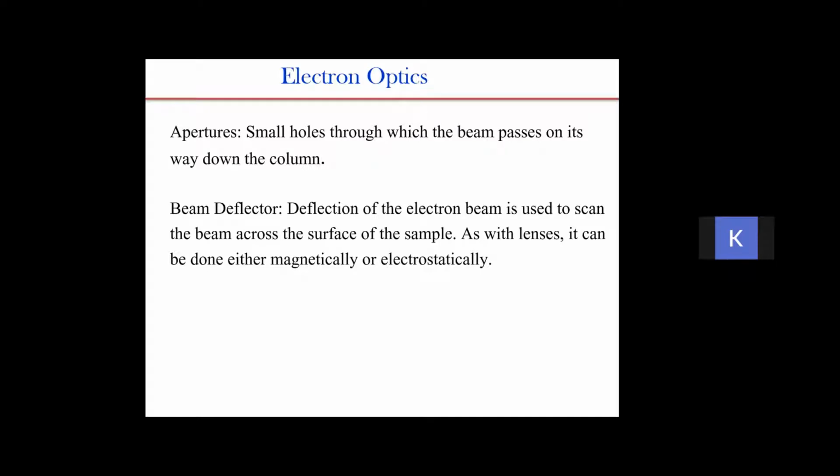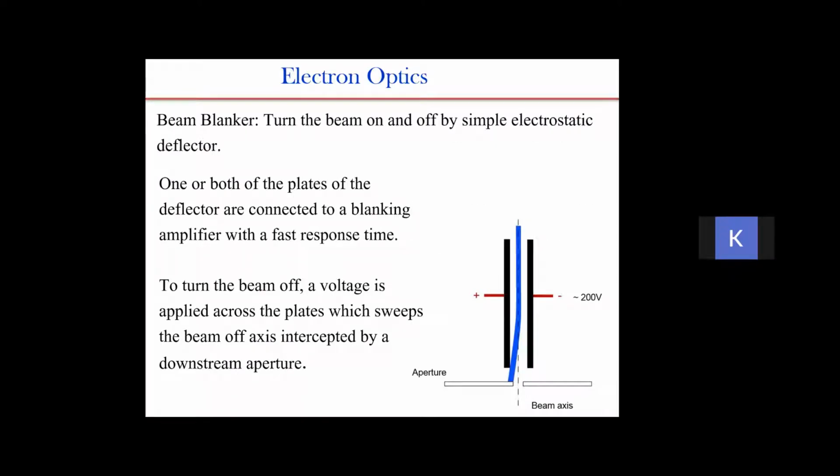So I will skip. There are apertures, there are beam deflectors. However, this beam deflection is an important part because that actually will help you in writing, because you have to scan over your sample for writing the patterns. So beam deflection is an important part.